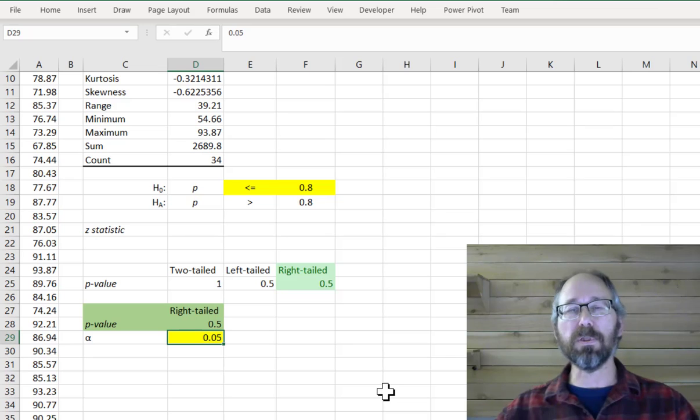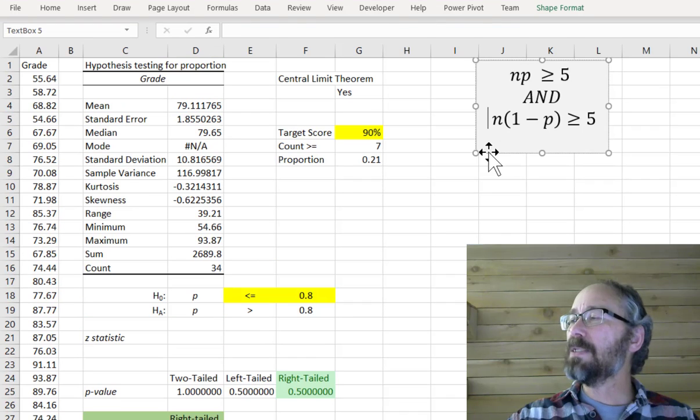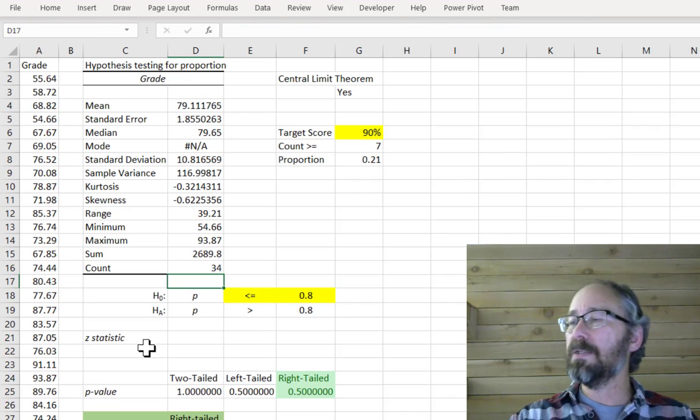Okay, and now those formulas should work. And the next thing that we need to calculate is that Z-statistic down here.